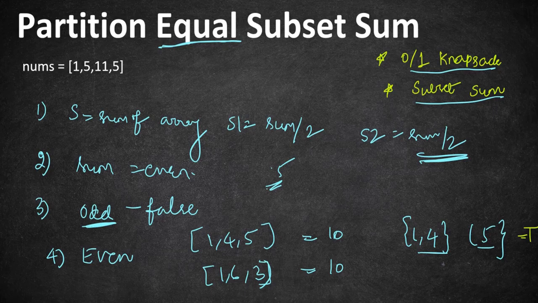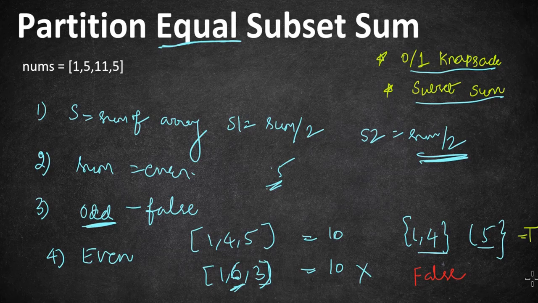In the second case, you can't divide the values equally, because 6 is a higher number. Even if we ignore 6 and add the other values in the array, you can't make it to 6. So you can't divide this array into two equal subsets, and the result is going to be false. So these are the observations we can make.